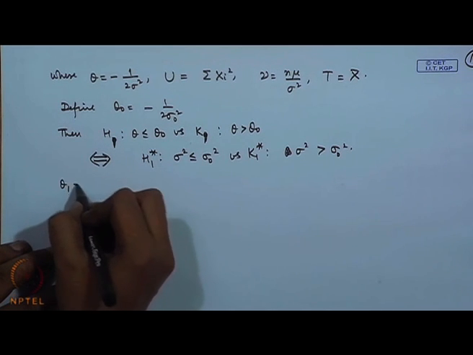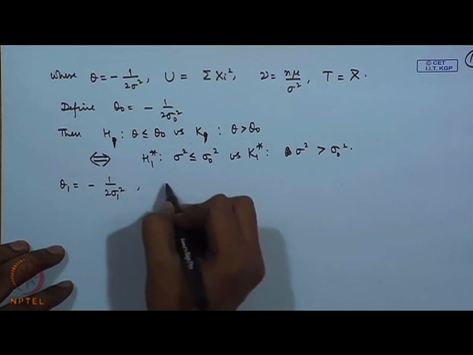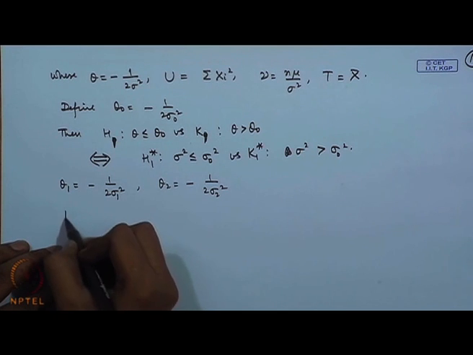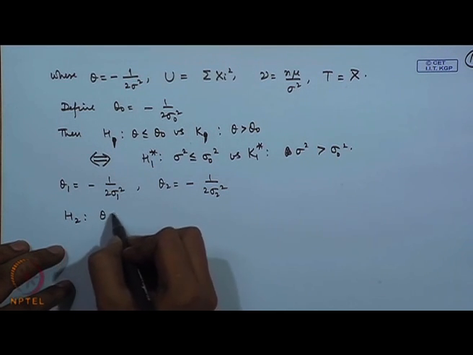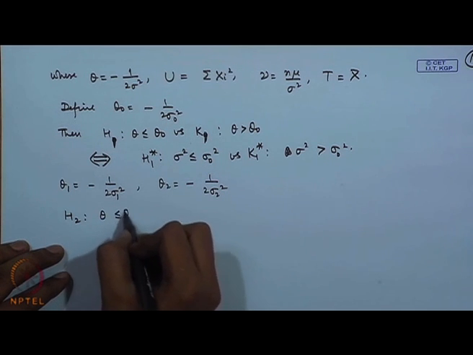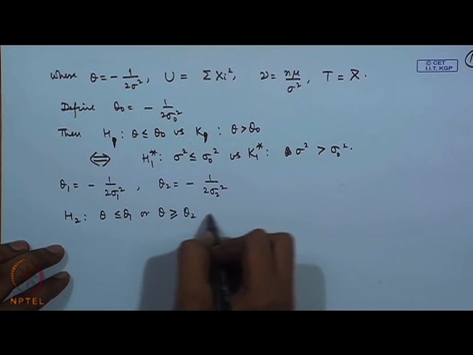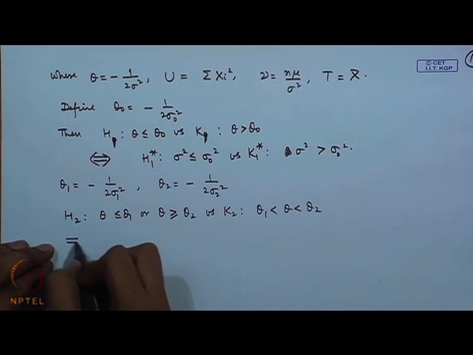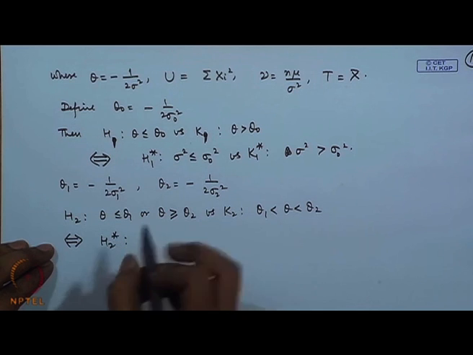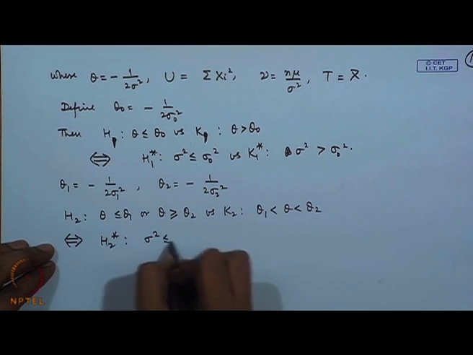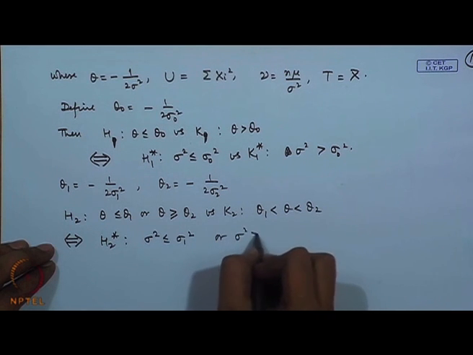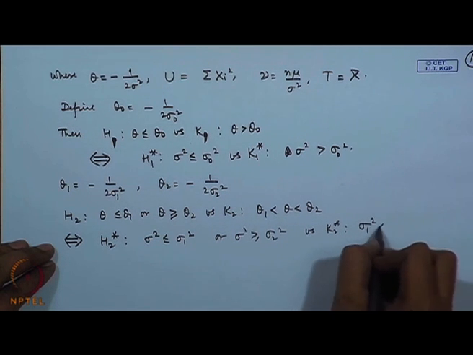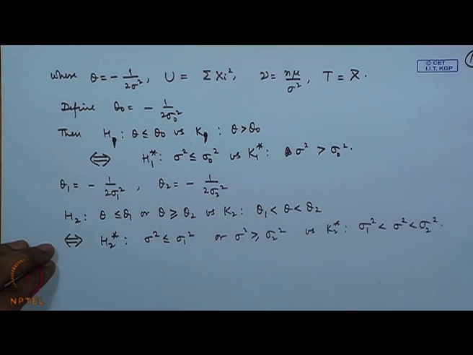Similarly, if I define theta 1 equal to minus 1 by 2 sigma 1 square and theta 2 equal to minus 1 by 2 sigma 2 square, then the hypothesis problem theta less than or equal to theta 1 or theta greater than or equal to theta 2 versus K2: theta 1 less than theta less than theta 2 is equivalent to H2 star: sigma square less than or equal to sigma 1 square or sigma square greater than or equal to sigma 2 square versus sigma 1 square less than sigma square less than sigma 2 square.